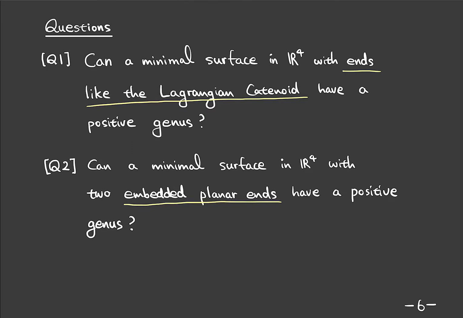So, why are these questions interesting? First of all, the Lagrangian catenoid makes a difference between R3 and R4, as there is no complete minimal surface in R3 with two embedded planar ends.